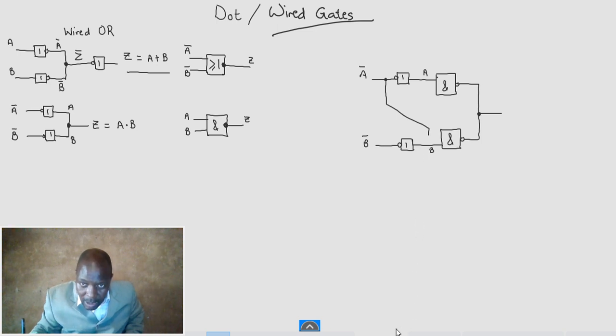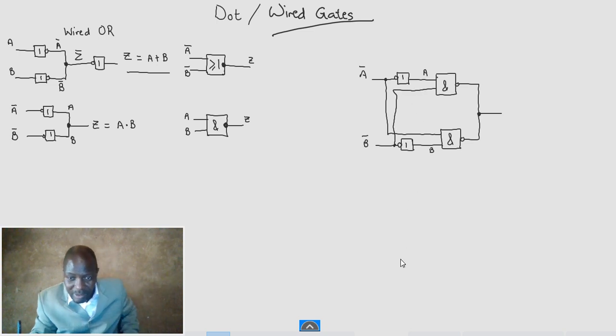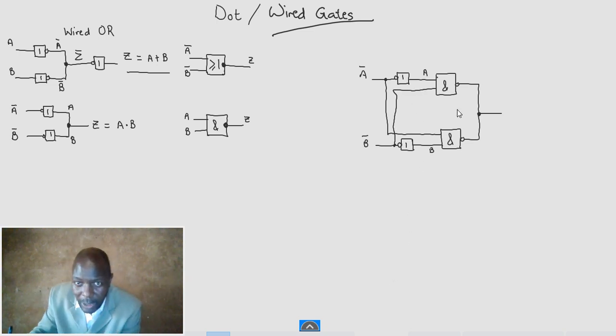Oh, flip-flops are all over my head now. I was doing what I normally do with flip-flops. Okay, and I want the NOT B to go to the other gate. So this here is obviously NOT A. That there is NOT B.